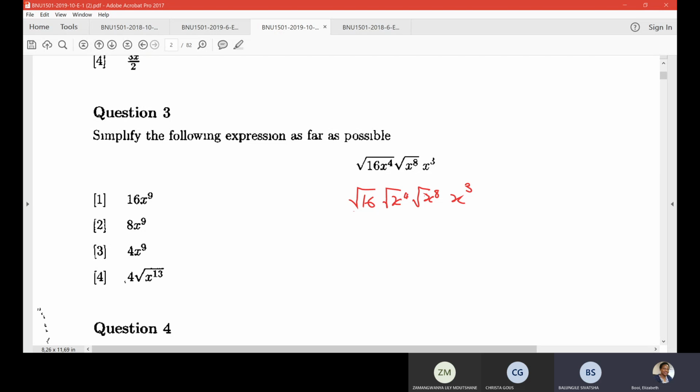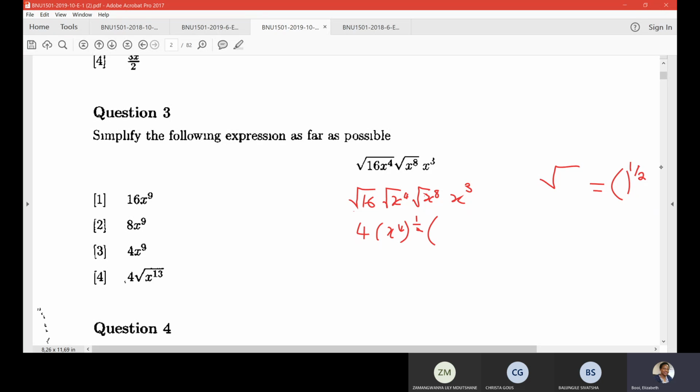I'm going to assume that that is x to the power of 3. We know that the square root of 16 is equal to 4. But when it comes to the roots, we know that a root can be written as a power of a half. So we can write the square root of x to the power of 4 as x to the power of 4 times 1/2.